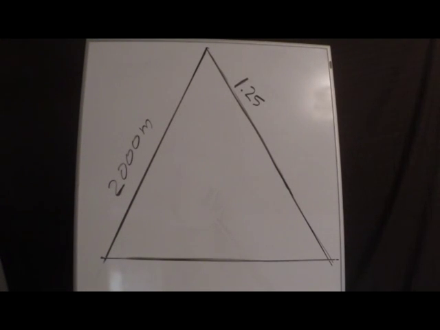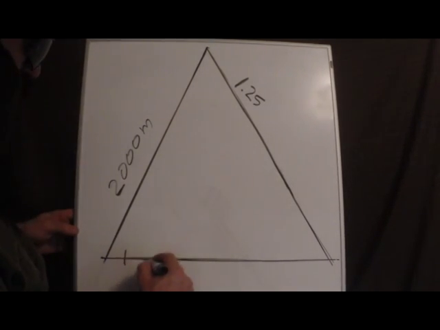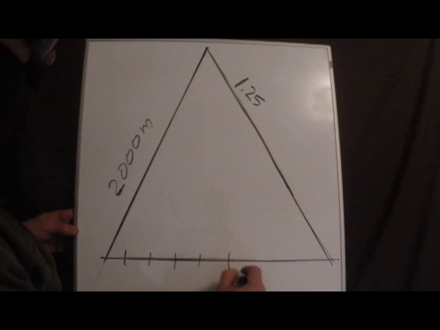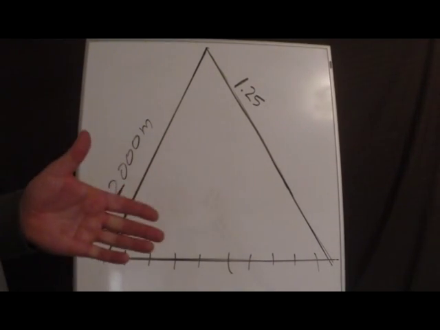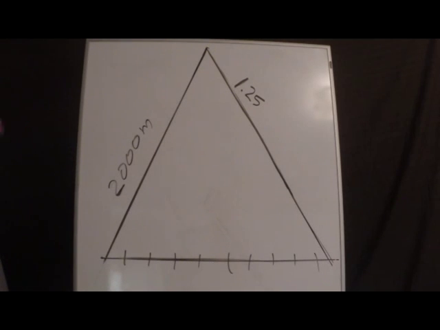I don't remember the exact staffing level he's talking about on his perimeters, but taking this delta-shaped perimeter he brought up, if we were to divide this in even 100-meter increments, then we would have 20 positions per side.